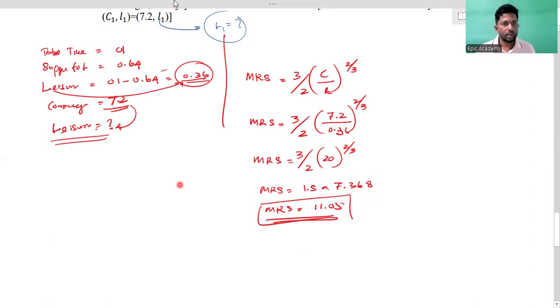Then you have to write down something after the calculation. This calculation is not enough. You already calculated, but you have to write down something to clarify this calculation on the paper.